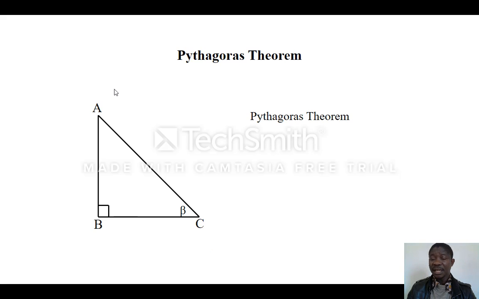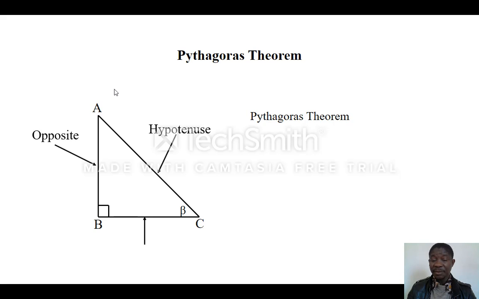Now let's look at our last objective, which is Pythagoras theorem. For Pythagoras theorem, the length facing the 90 degrees angle, which we have here as AC, is called the hypotenuse. Where we have the angle beta facing, we call that the opposite.